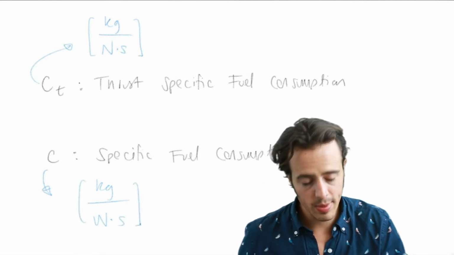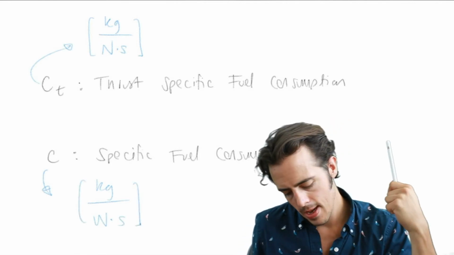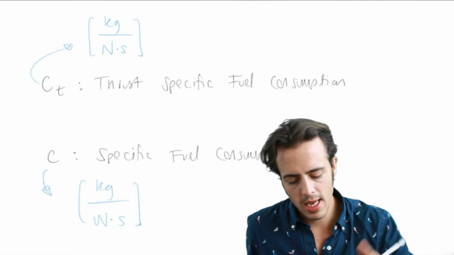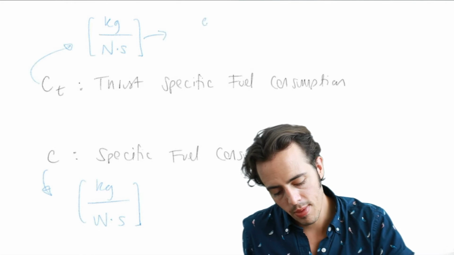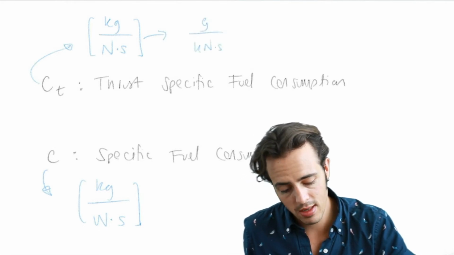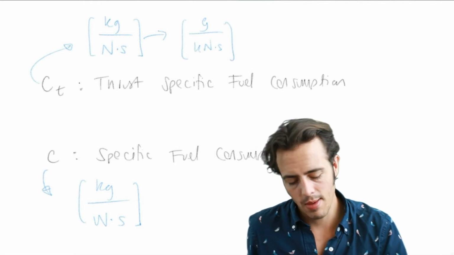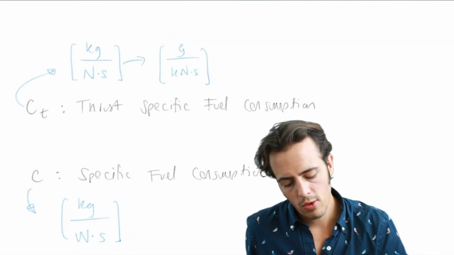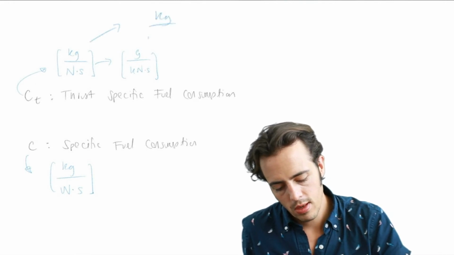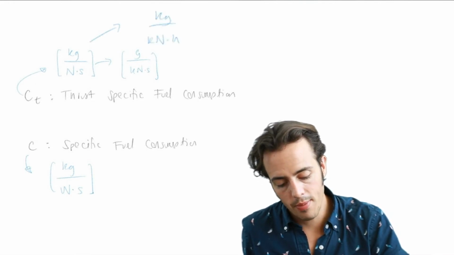Now we've got to be a little bit careful with these parameters because they're not always defined in these units. This one tends to be given in grams per kilonewton per second, and that's actually the same unit. So those two are equivalent, or you might see it being given in kilograms per kilonewton per hour, for example.